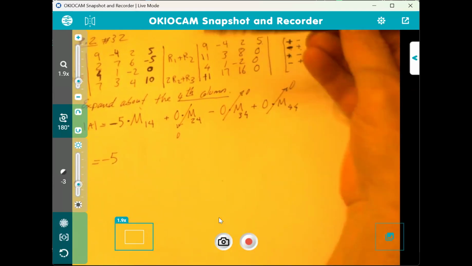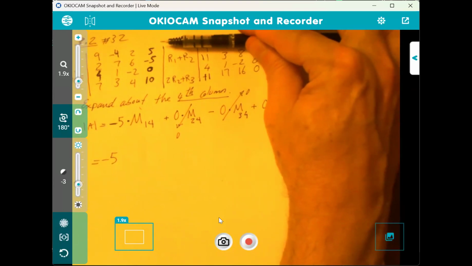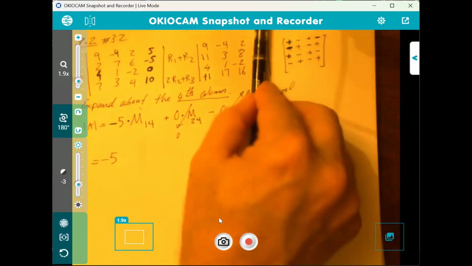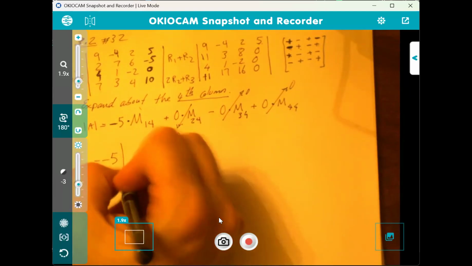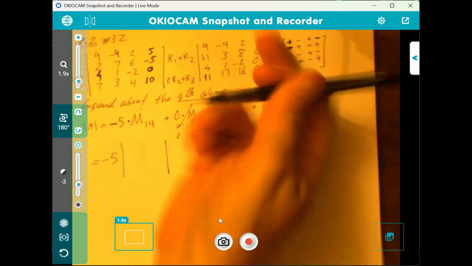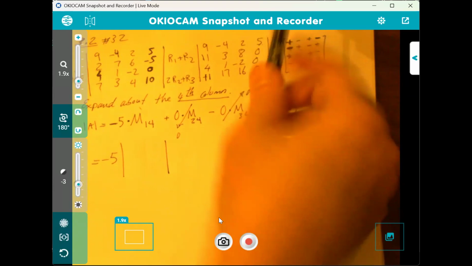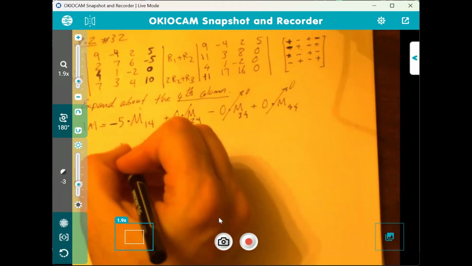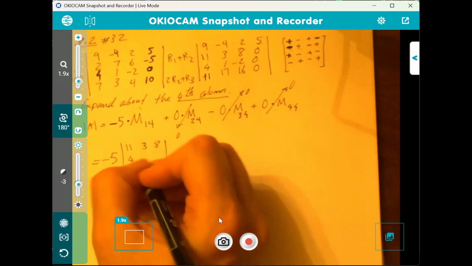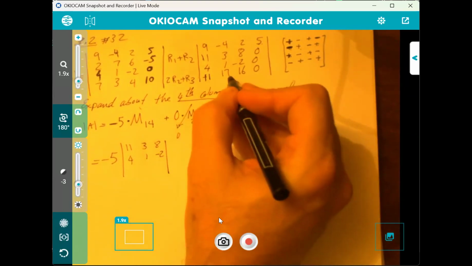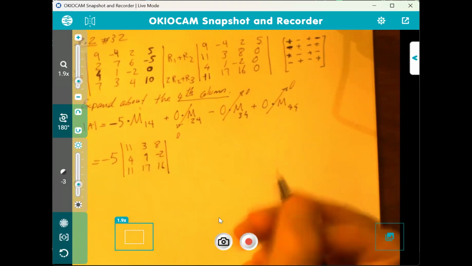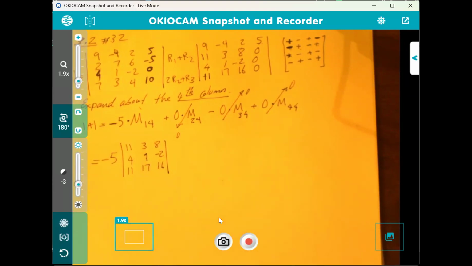That's when you delete the first row, fourth column. So that means I'm going to have to do a 3x3 now. First row gone, fourth column gone. So it's going to be 11, 3, 8, and 4, 1, negative 2, and 11, 17, 16. Right?